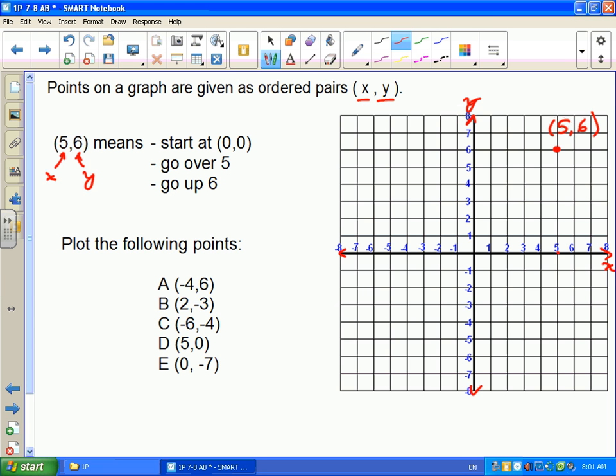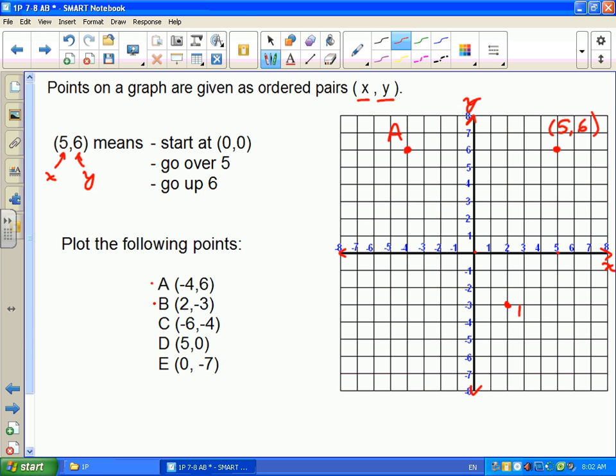Point A here is (-4, 6), so we start at (0, 0), and we go negative 4, 1, 2, 3, 4 in the x direction, in the horizontal direction, and then we go up 6, 1, 2, 3, 4, 5, 6, and we're going to label this point A, so we know which one it is. Point B is at (2, -3), so we go 2 in the x direction, and then because it's negative 3 in the y direction, we have to go down, 1, 2, 3.